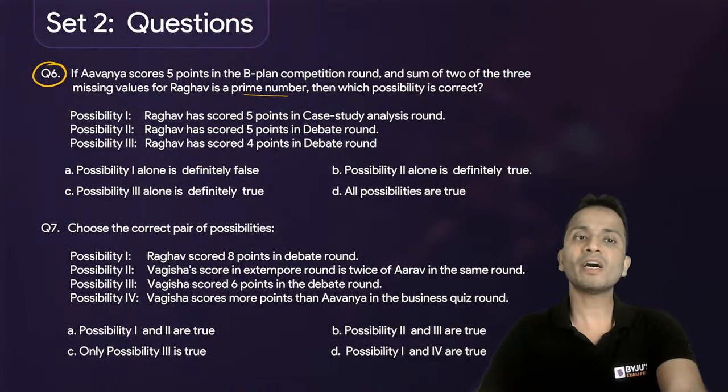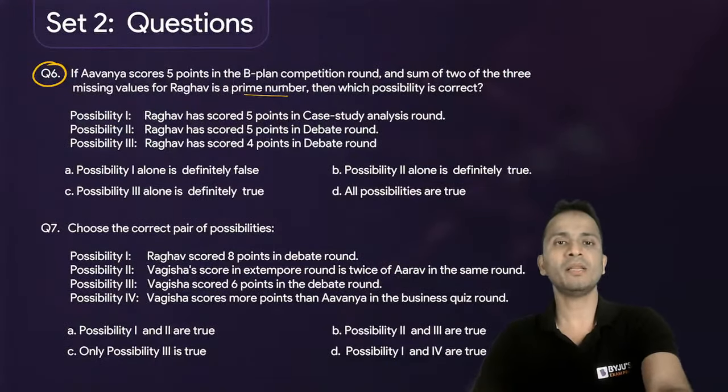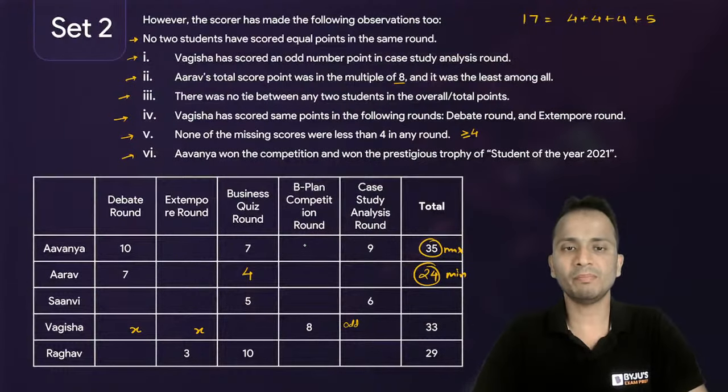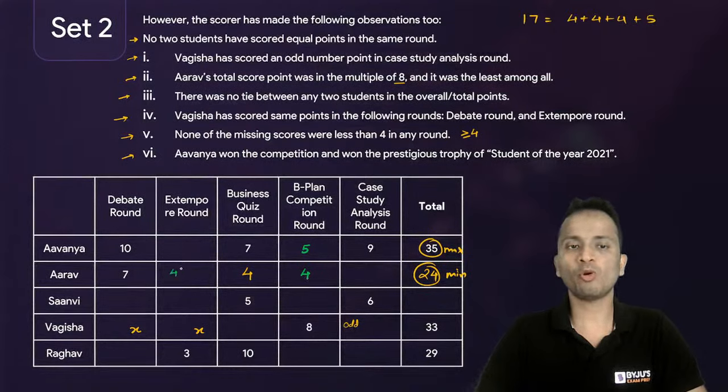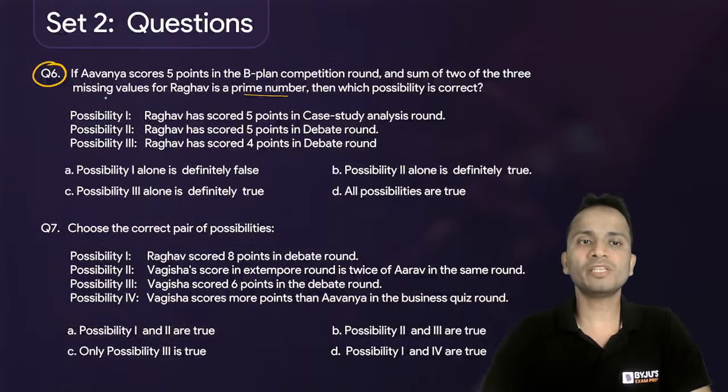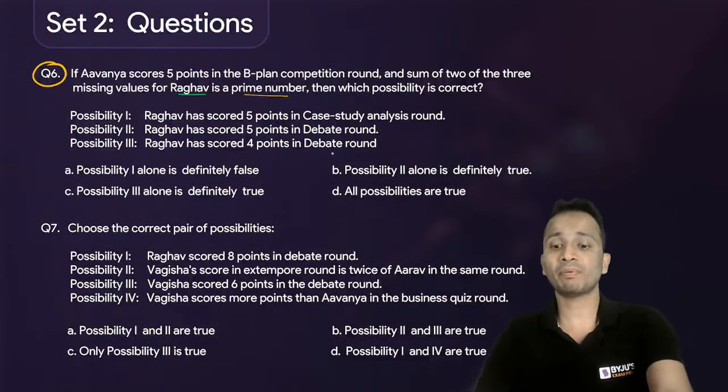Now if Avanya scores 5 points in B plan, 5 cannot be here, so I'll have to put a 4 here, and 4 or 5 will come at these places. Next, the sum of 2 of the 3 missing values for Raghav is a prime number.